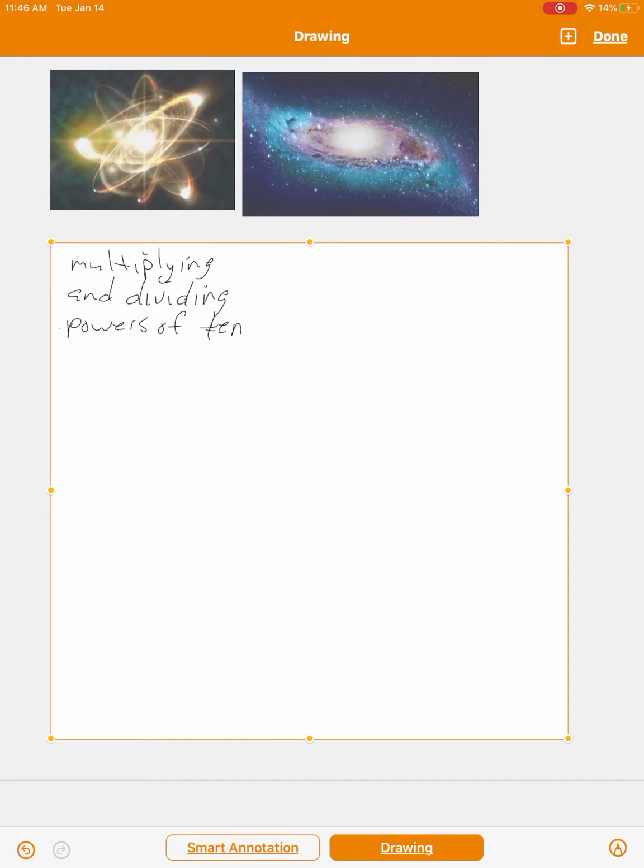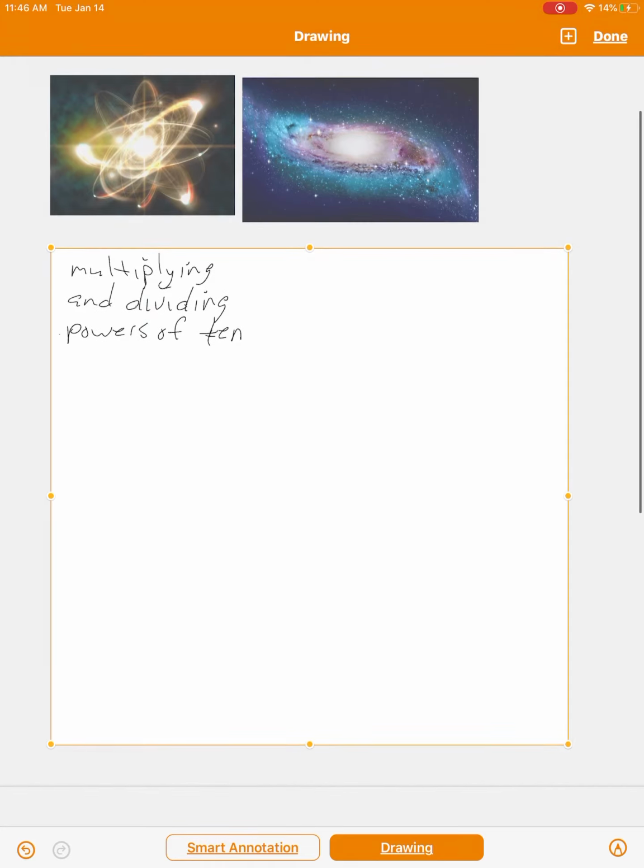So when we multiply numbers together, let's say that we're going to multiply 500 times 500. Well, there's several ways to show that. What we could do is say this is equal to 5 times 100, right? 500 is 5 times 100, times 5 times 100, because there's the other 500.